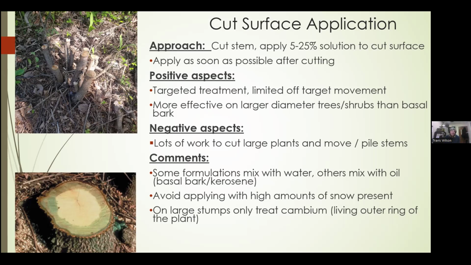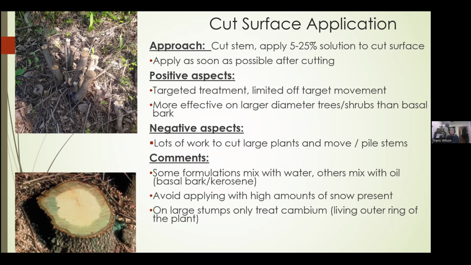Another positive aspect is this is a lot more effective, say on bigger things, bigger diameter things than a basal bark option, which I'll go through next. And so it can give you a better option if you've got some larger things. A negative is swamping or moving the cut material, if that's your ultimate goal.